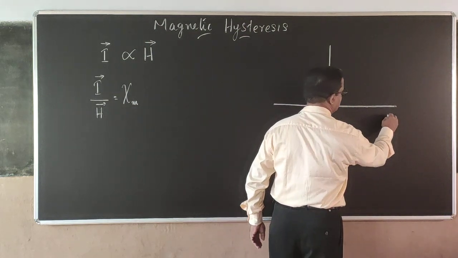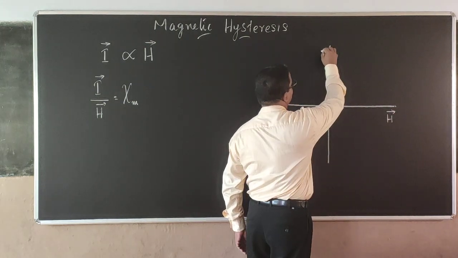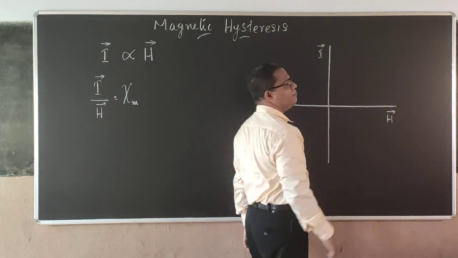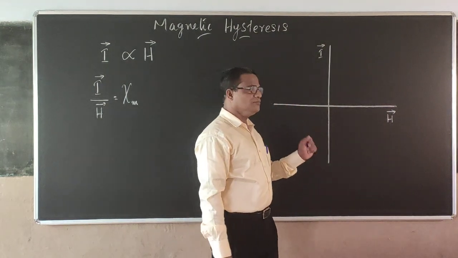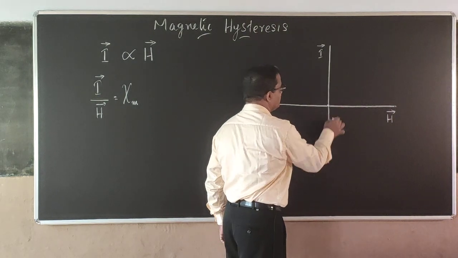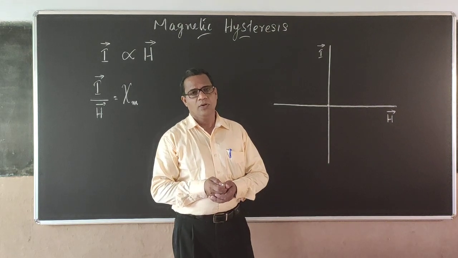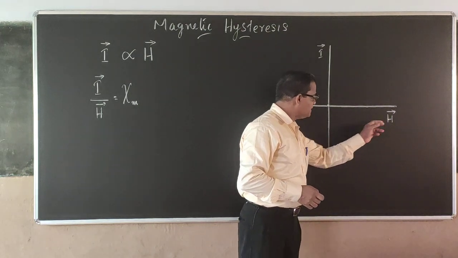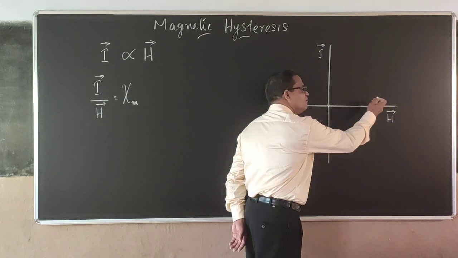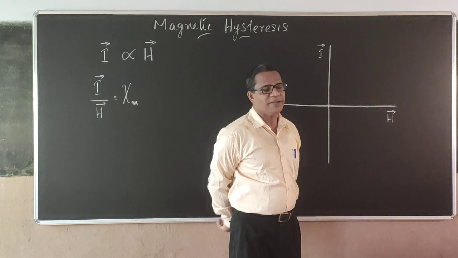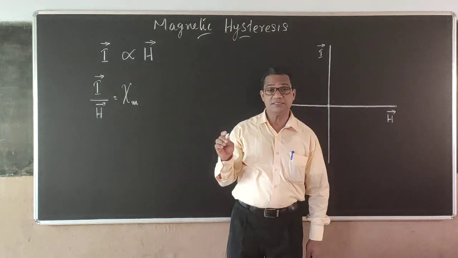Along the x-axis I take magnetizing field, and along the y-axis I take magnetization. Then, as a ferromagnetic material, initially it is not a magnet, and when I start applying the magnetizing field from the origin 0 to a value, as I go on increasing the magnetizing field, you can see that the magnetization also increases.